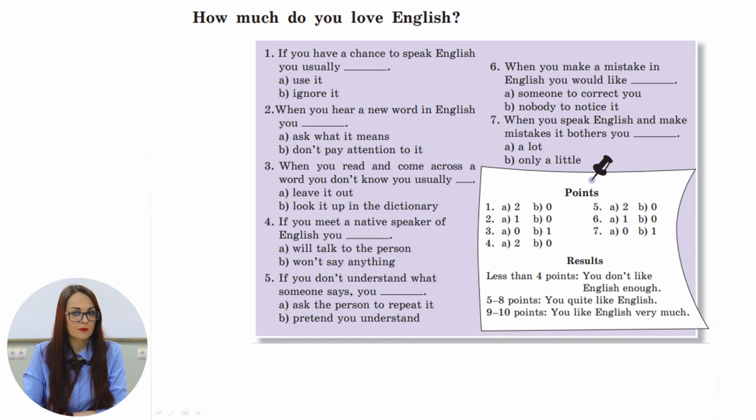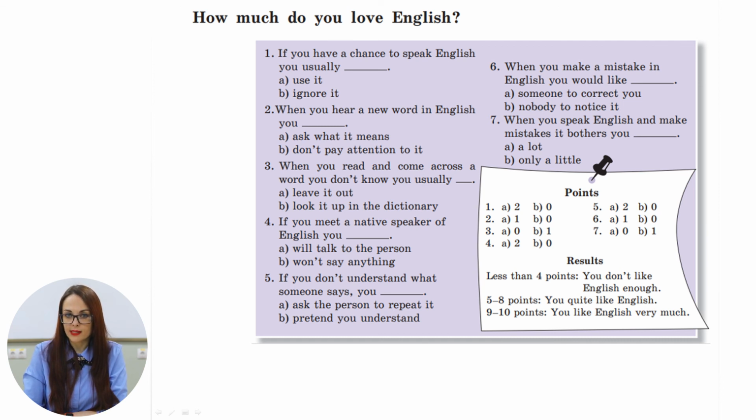Number 6. When you make a mistake in English, you would like someone to correct you or nobody to notice it. Number 7. When you speak English and make mistakes, it bothers you a lot or it bothers you only a little.